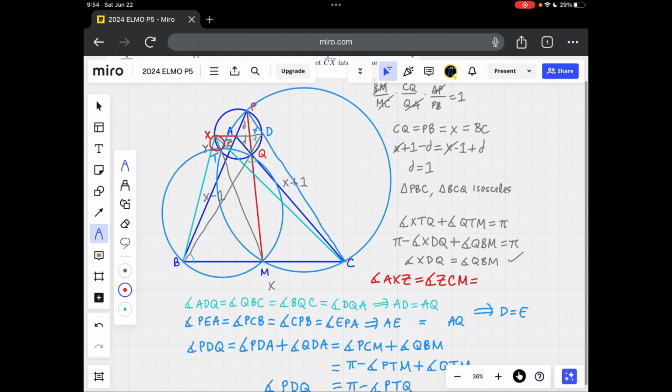And that's equal to pi minus angle ZTM, which is equal to angle ZTX, because X, T, and M are collinear. So angle AXZ equals angle ZTX. That proves that AX is tangent to the circumcircle of XYZ.